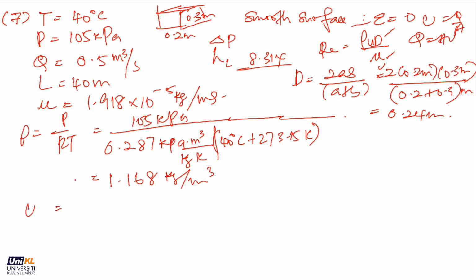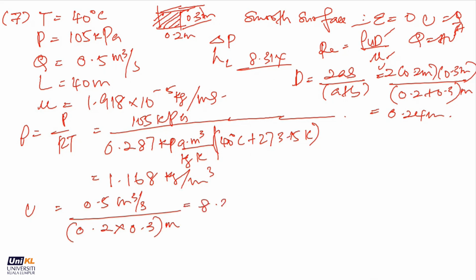U equal to Q divided by the area, 0.5 meter cube per second. Okay, substitute in Reynolds number.